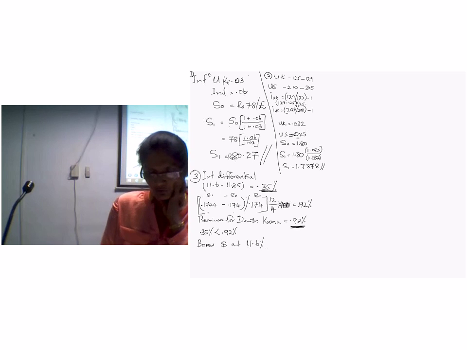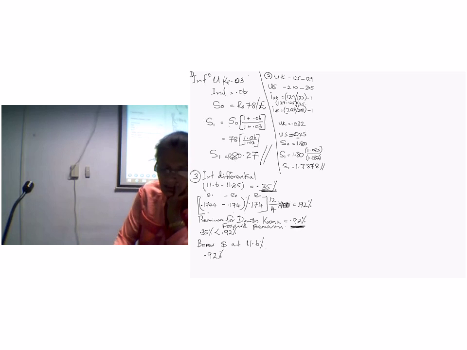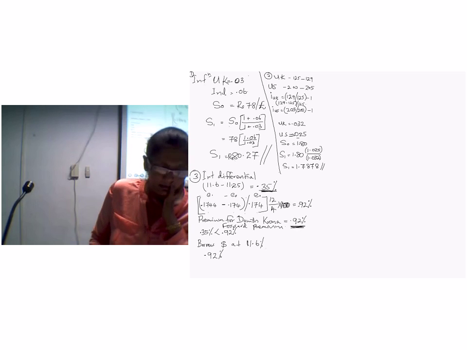This is the forward premium, 0.92%. We get a 0.92% premium if we invest in Denmark, right?